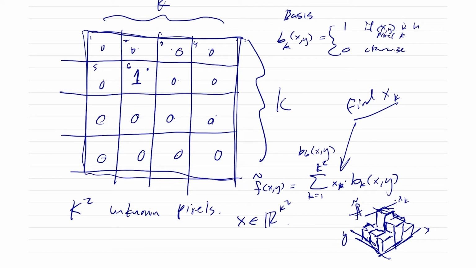So all the integrals are finite and they exist, and there's no real question about that. Then if we take a look at the Radial Transform at t, theta, just like we have been, this is the sum k equals 1 to big K squared of x_k times the Radial Transform of b_k(t, theta).